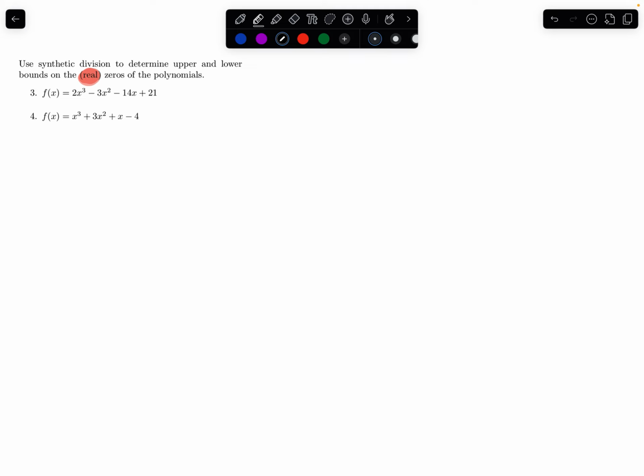For here, I'm going to start by looking at what the possible rational zeros are. I've got 21 and I've got 2. That means I've got p over q, where p divides 21: 1, 3, 7, 21, and that's it. And q divides 1 or 2.